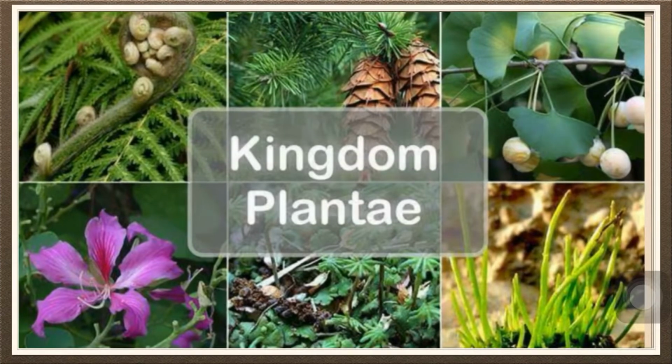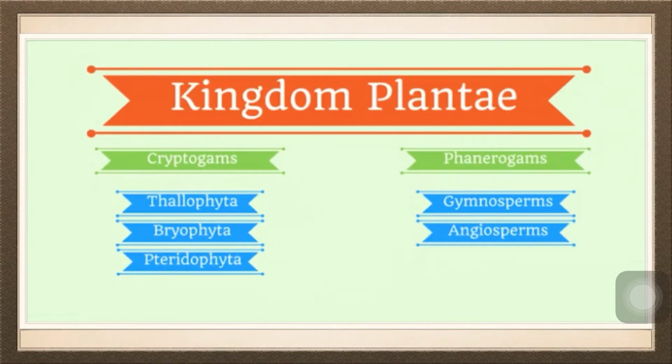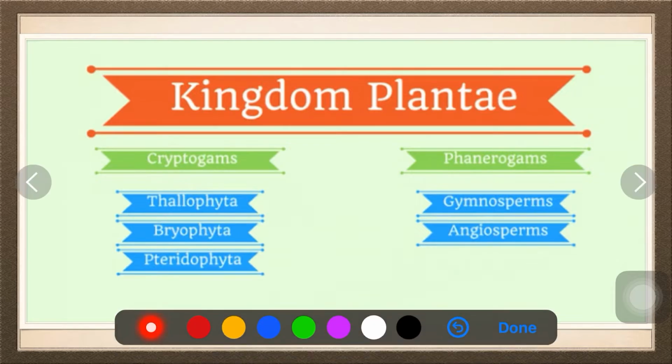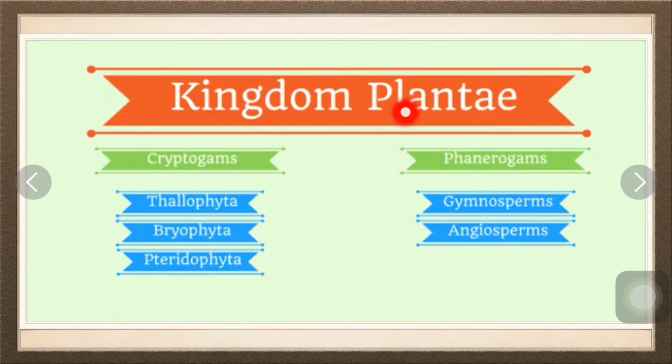So, let us start with the kingdom Plantae. At the higher levels of plant classification, different characteristics are considered for classification. For example, depending upon the absence or presence of flowers, fruits, and seeds, plants are classified as cryptogams or phanerogams.